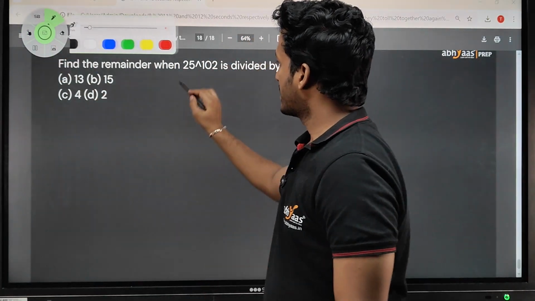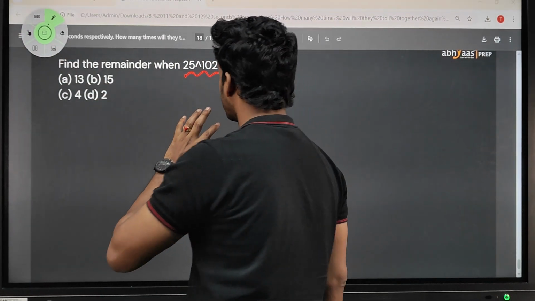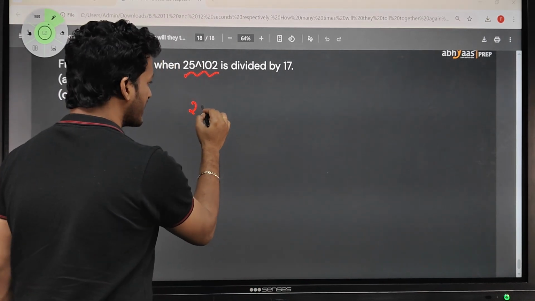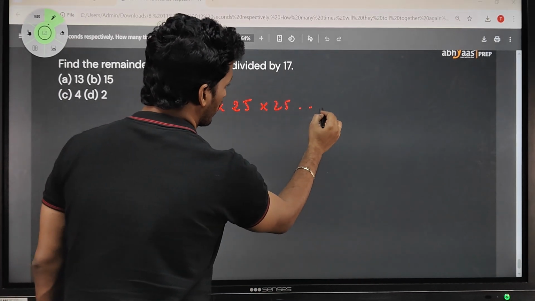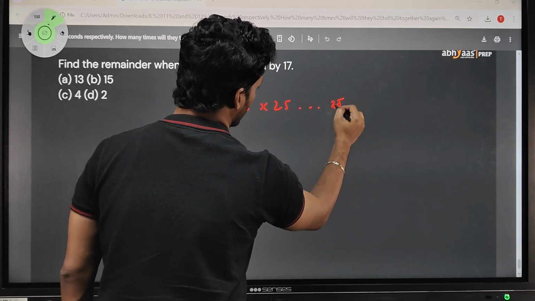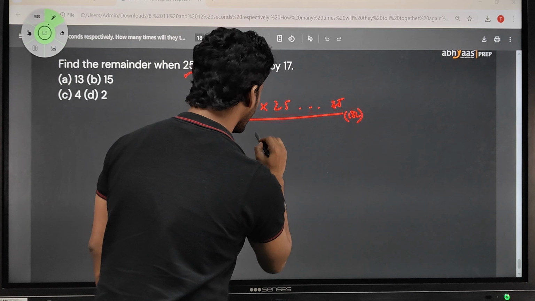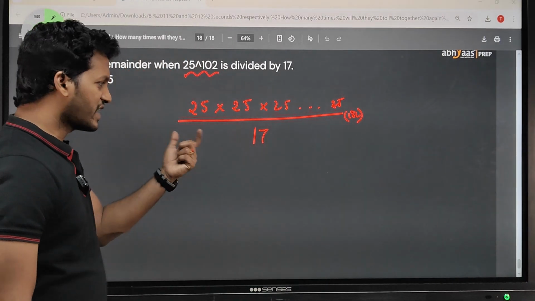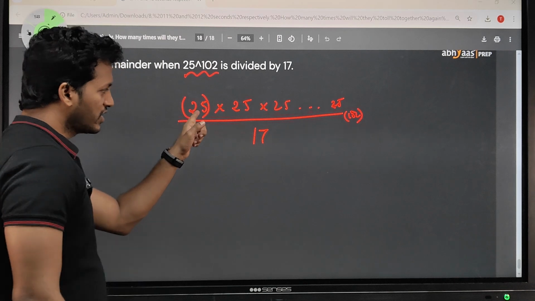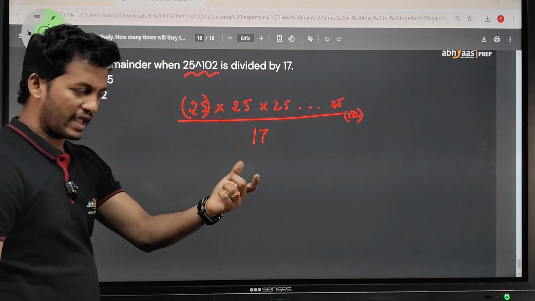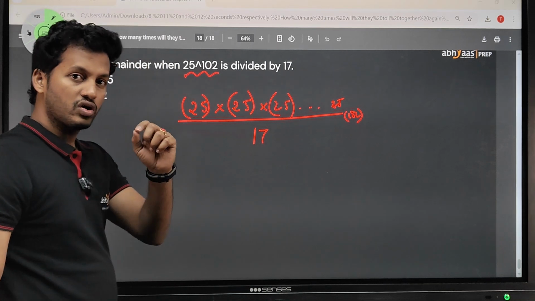But I have to apply that for this one. So I hope you already understood that if there are these many 25s up to 102, the 102nd 25, and this whole thing has to be divided by 17, what is the shortcut that we can apply here? This 25 leaves a remainder 8, and it is the same with each 25, the same for all 102 of the 25s.